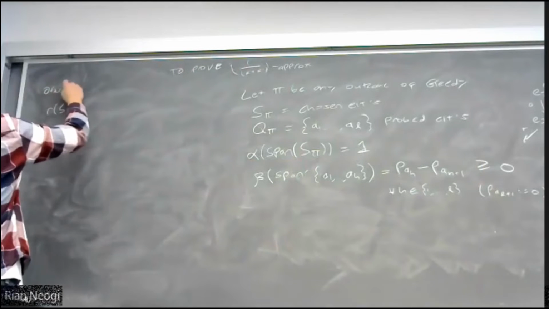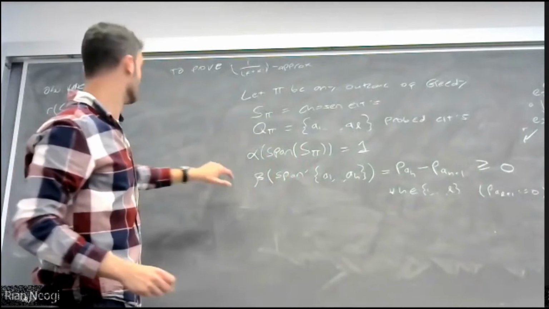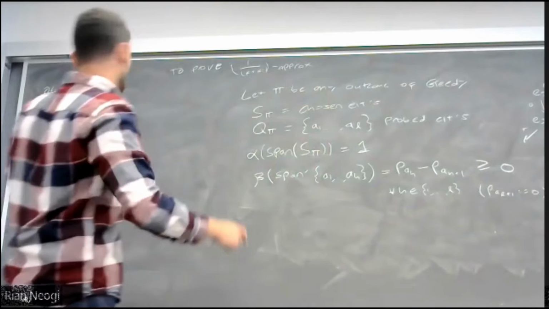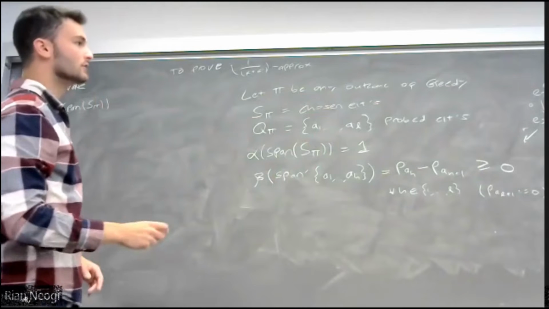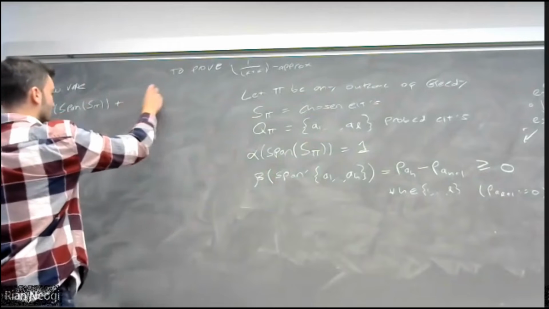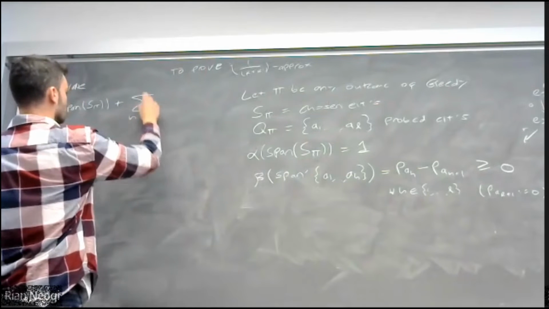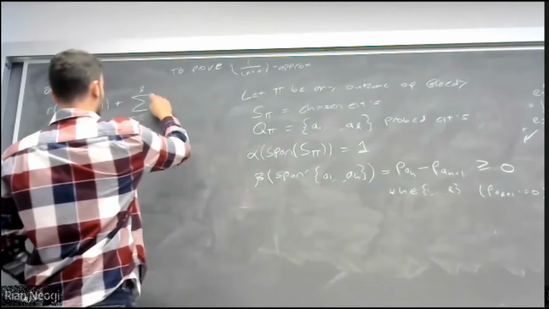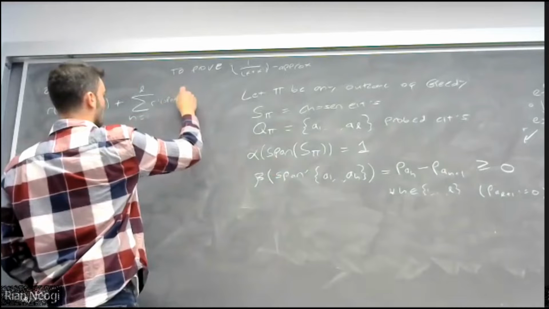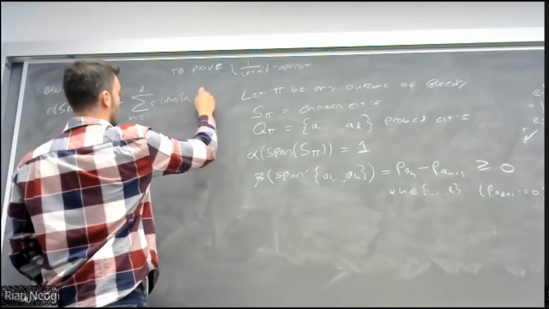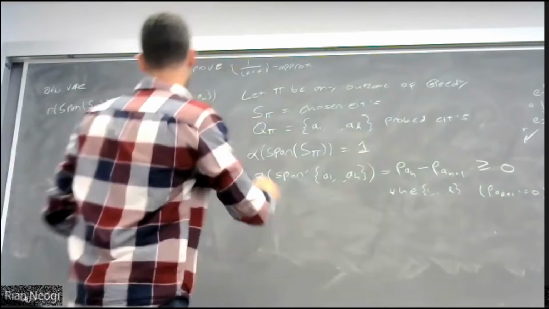So the objective value of this solution with these alphas and betas: the rank of the span of S pi times 1, plus the sum from h equals 1 to L of the rank prime of the span prime of A1 up to AH, times the beta value, which is PAH minus PAH plus 1.